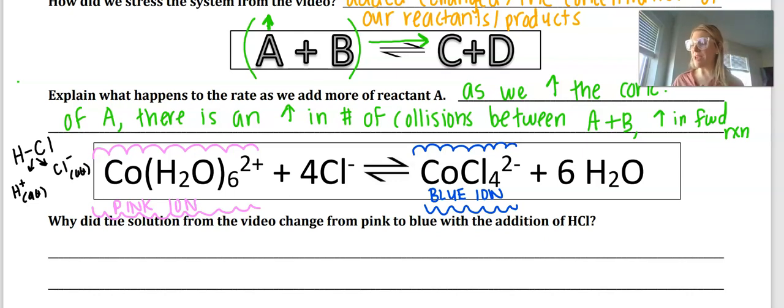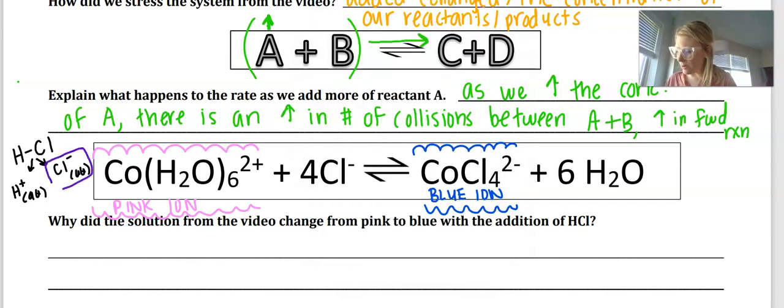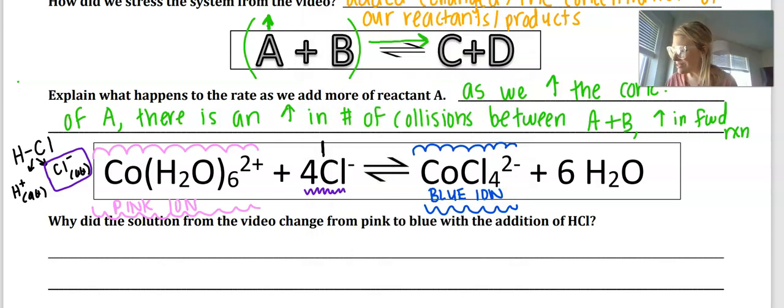So from your reaction that's provided here, when I'm adding HCl, what I'm really adding is additional chloride ions. We've removed the H+ ions from our equation because they don't impact our chemical reaction in any way. But when I am adding this HCl, what I'm really adding is this Cl- ion. So as I add HCl, I am increasing the amount of chloride ion.